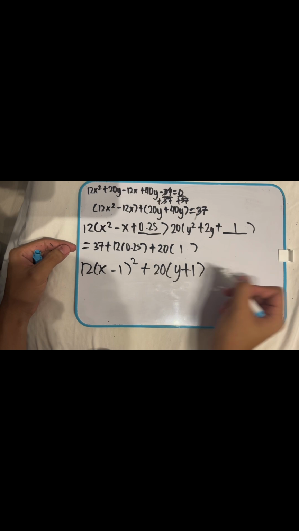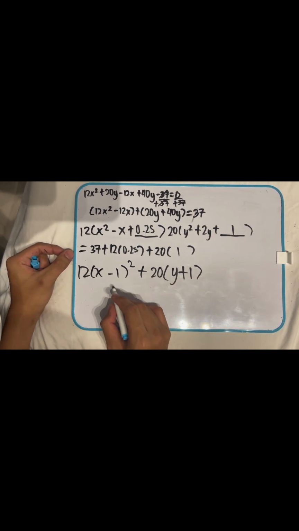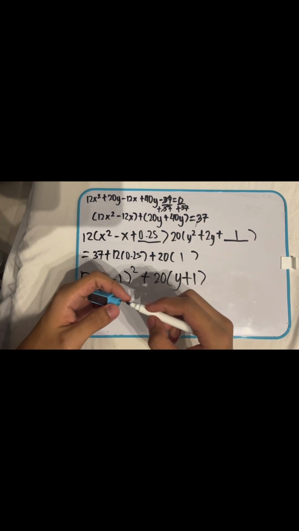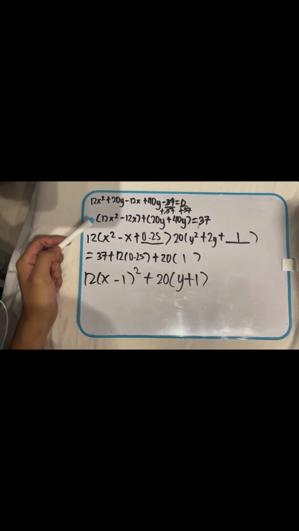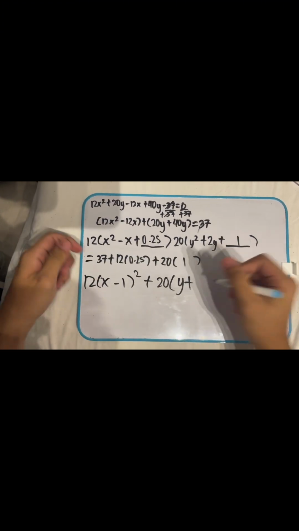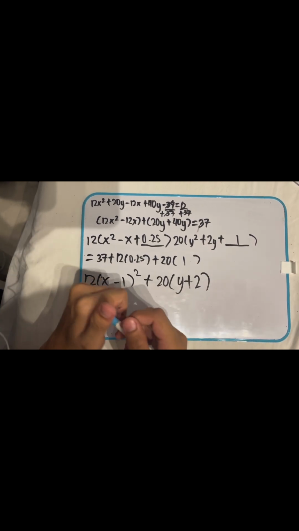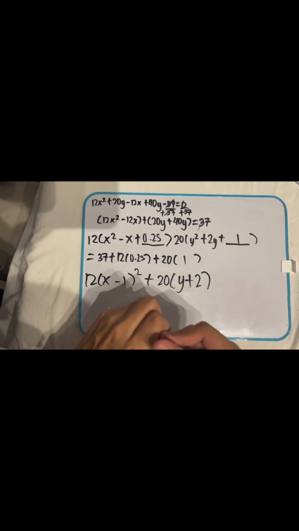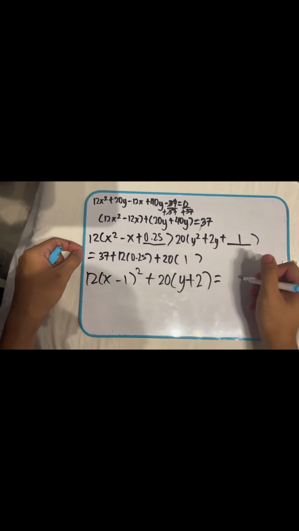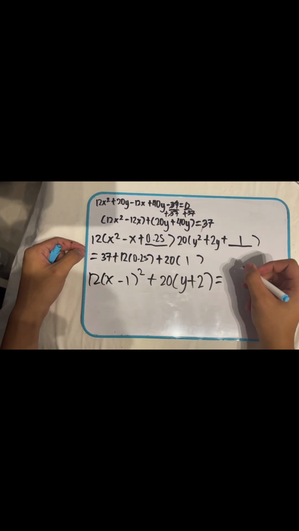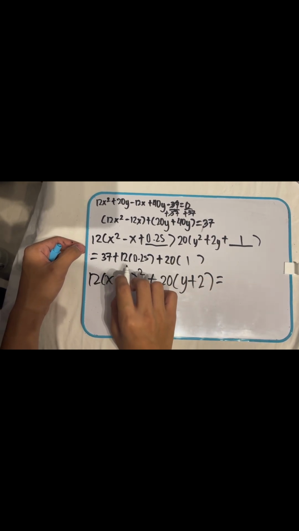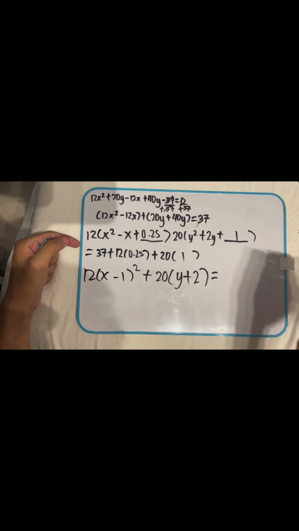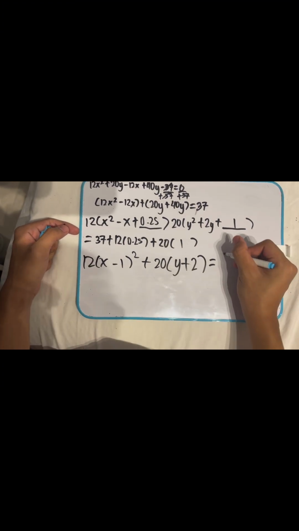Sorry, correction. This is going to be y plus 2. So we get this value because of this one. Add all of this: 37 plus 12 times 0.25, then 20 times 1. So add all of those, we're gonna get 60.